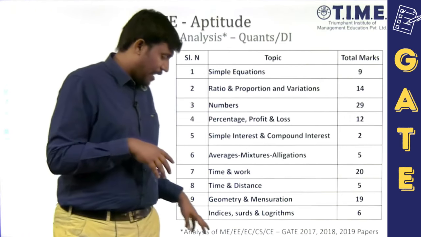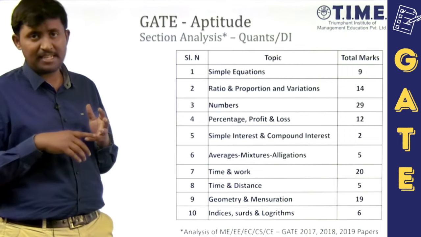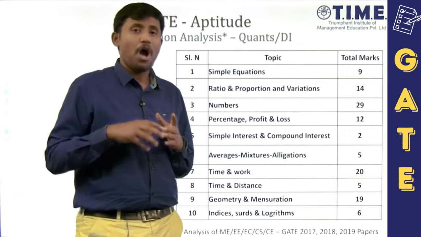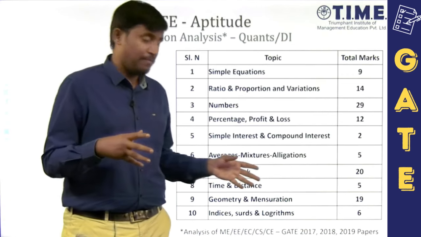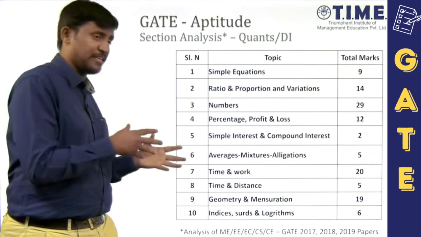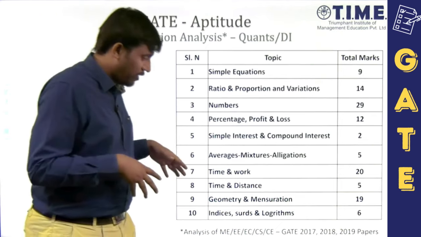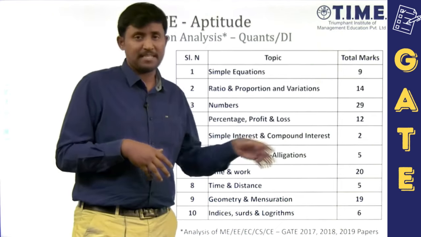Understand, this is an analysis of the topics in the last 3 years, GATE 17, GATE 18 and GATE 19, across all the sets. In some years, for example in GATE 2019, we had 2 different civil papers, civil set 1 and civil set 2. So we have taken into consideration all the sets across all the departments in the past 3 years.